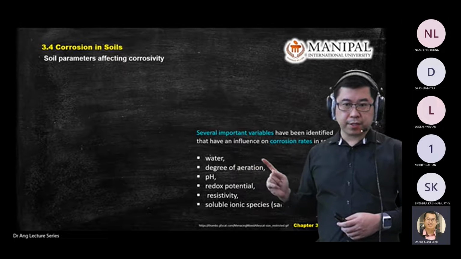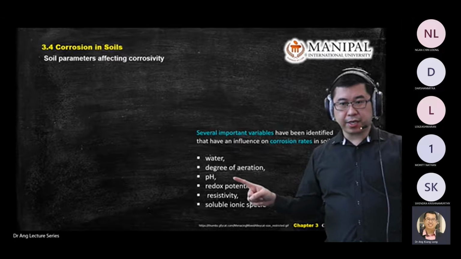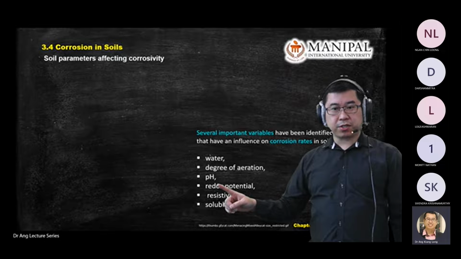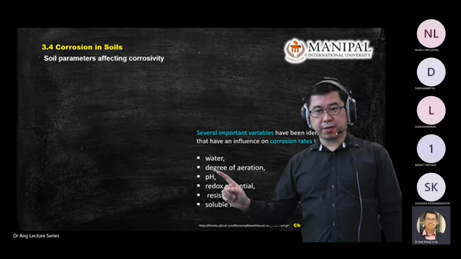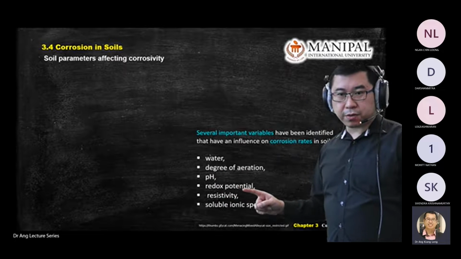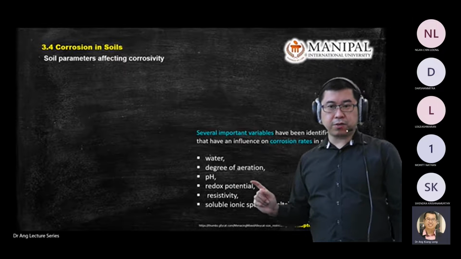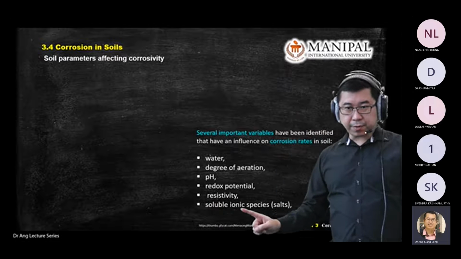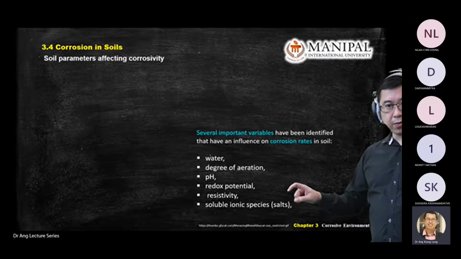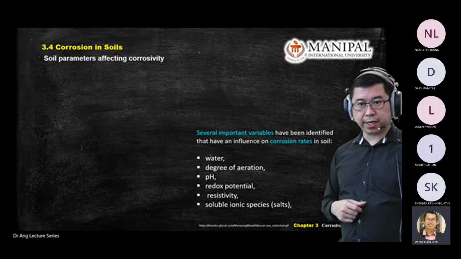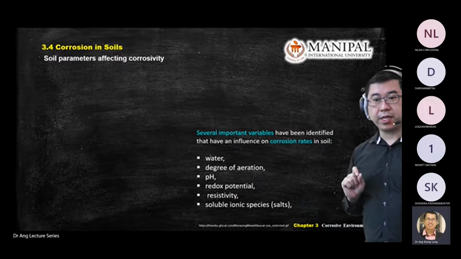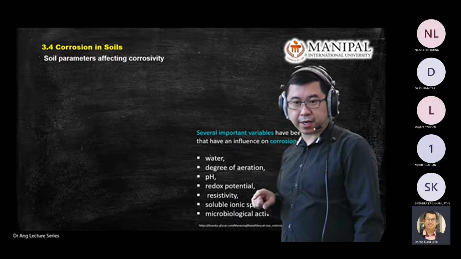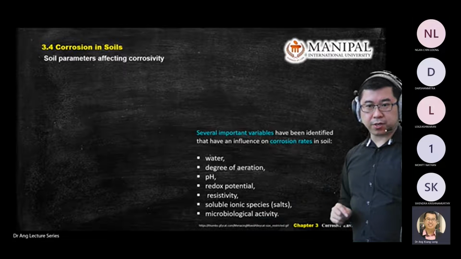First, water. Second, degree of aeration, which means the mixture of oxygen inside the soil. Third, pH, as all corrosion parameters relate to pH. Fourth, redox potential, which I will show you in a diagram later. Fifth, resistivity and ion species, especially when you have salt. Salt here means you link it with chloride, Cl. Sixth, bacteria and microbiological activities.